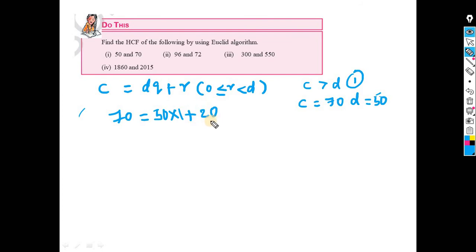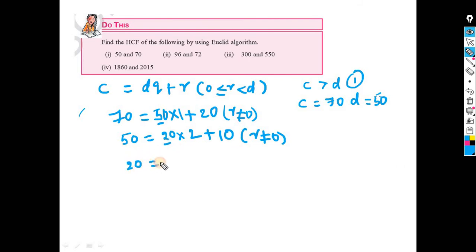20. Now my remainder is not equal to 0. Now my D value is 50. Again I write 50 is equal to 20 into 2, that is 40, plus 10. The remainder is 10, again not equal to 0. Finally, we write 20 in the form dq plus r.